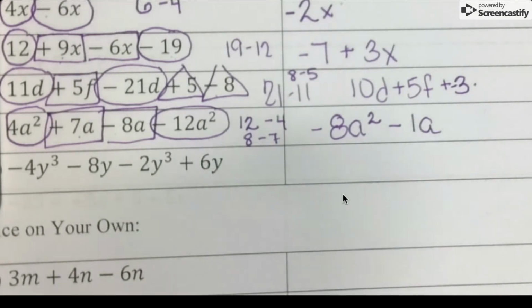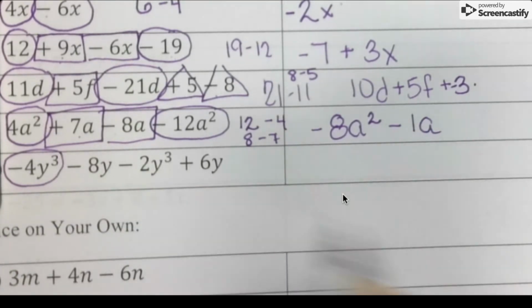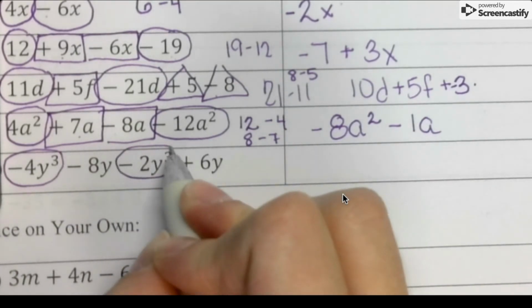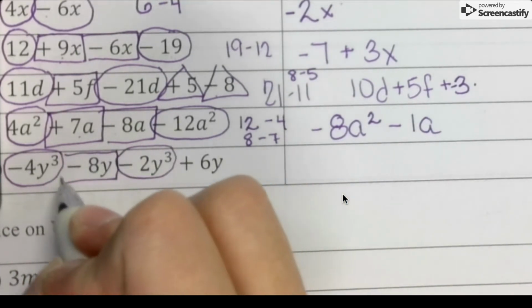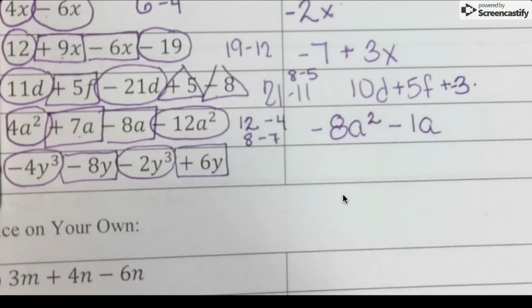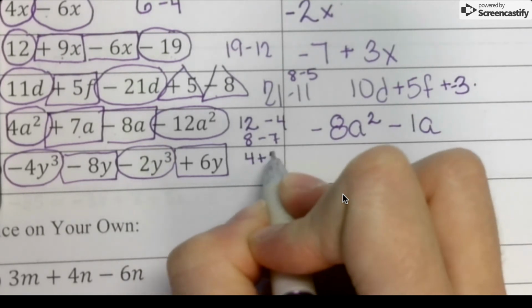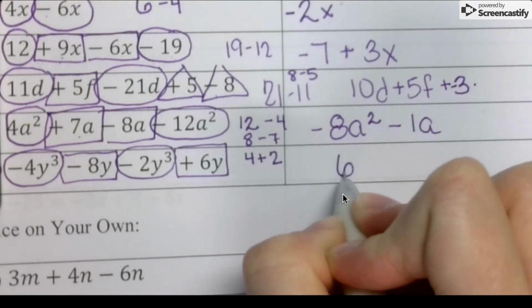All right. For the last one, the y cubed is in a tree. The y's are in a separate tree. Negative 4 minus 2. They're the same signs, so 4 plus 2 is 6.